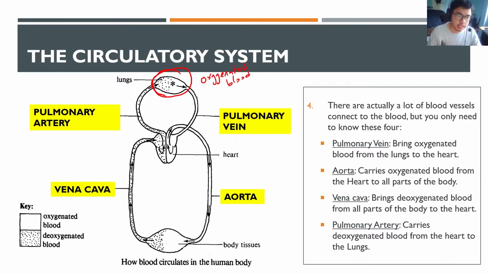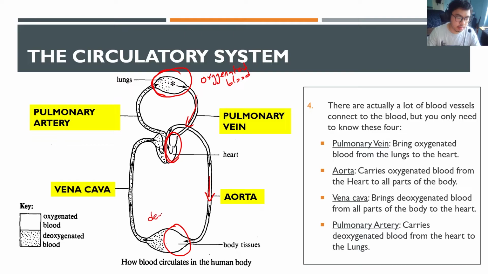Then the blood goes through the pulmonary vein and into the left side of the heart, and from the heart it goes through the aorta to other parts of the body, the body tissues. When the blood is at the body tissues, it gives the oxygen that it carries to other parts of the cell.